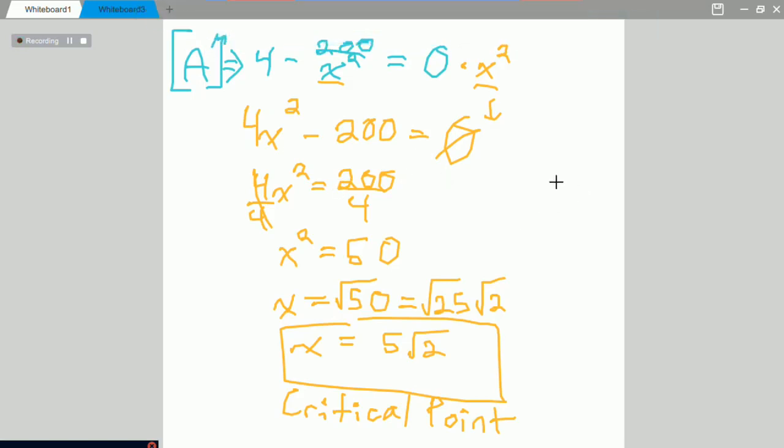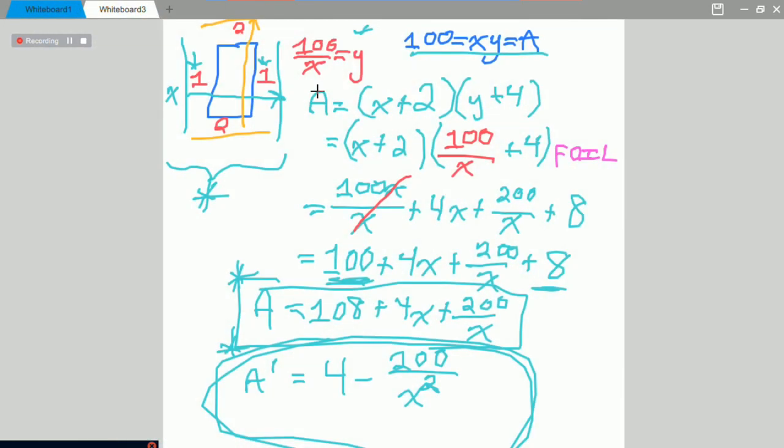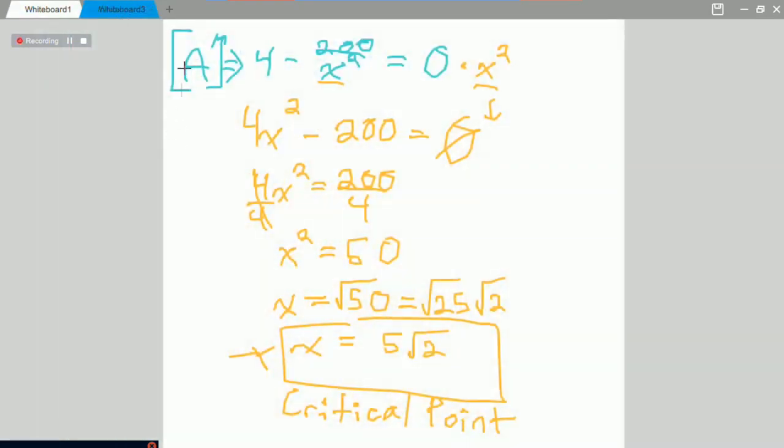So now I want to be able to take this x that's right here, and I want to put that into our y equation that's here, now that we have a critical point. So I'm going to do that now.